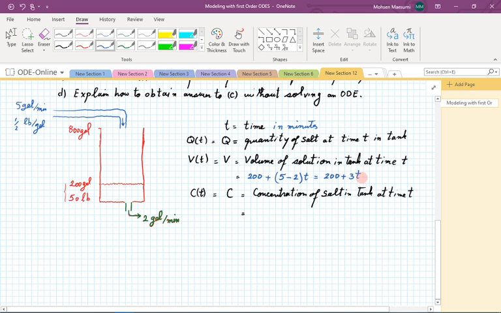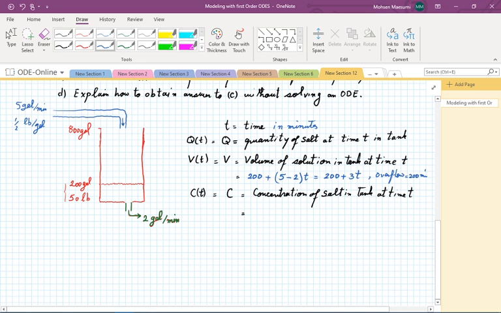When this becomes 800, that's when it's going to start to overflow. So when I set this equal to 800, the overflow time is going to be at 200 minutes. So overflow is at 200 minutes.